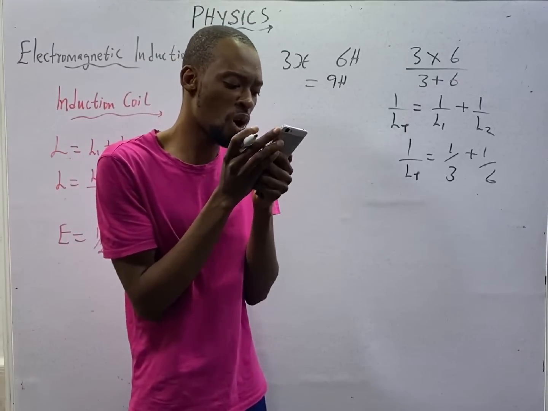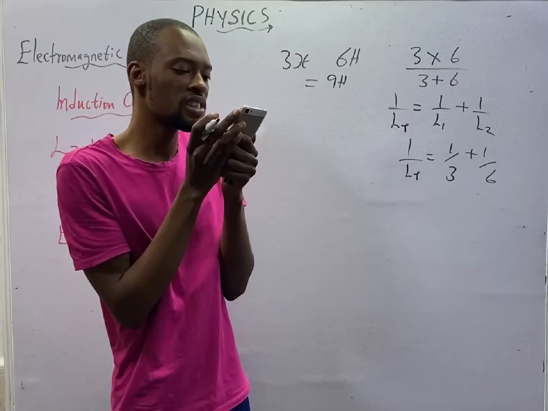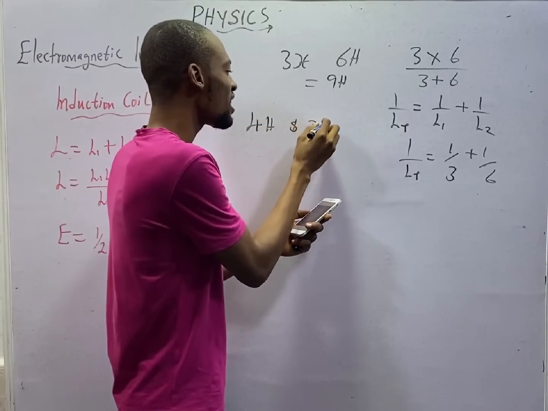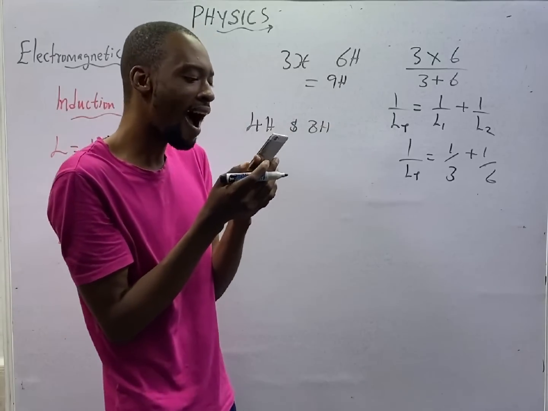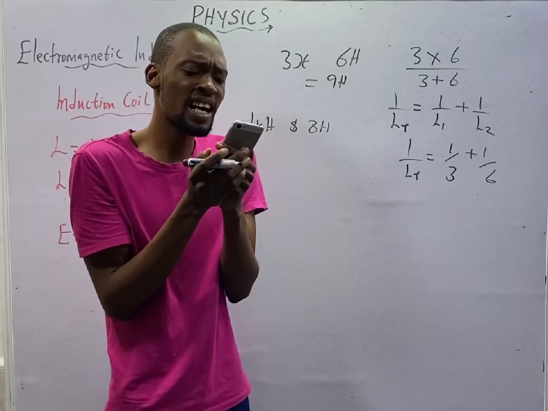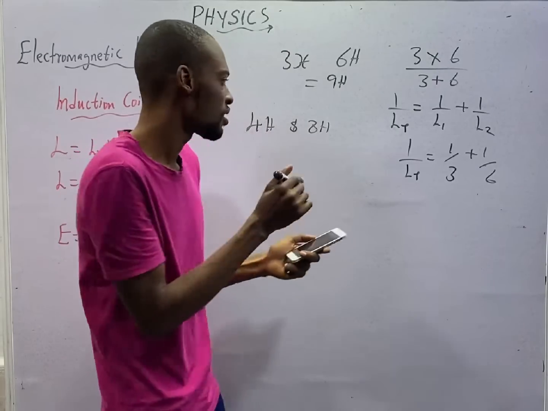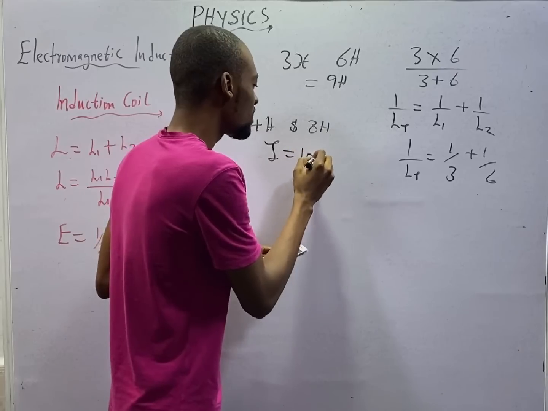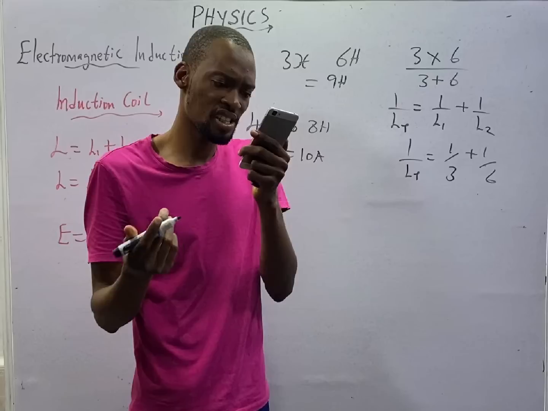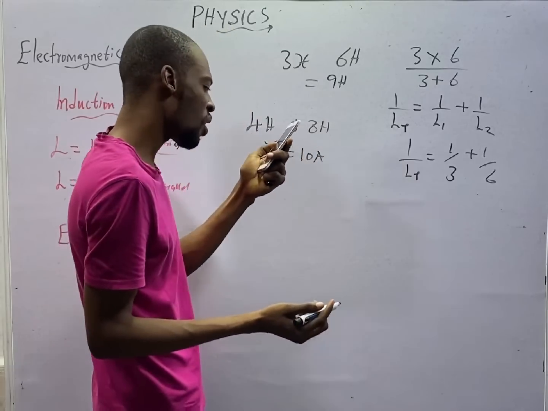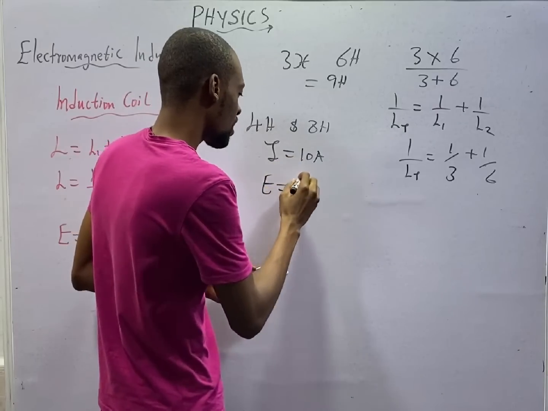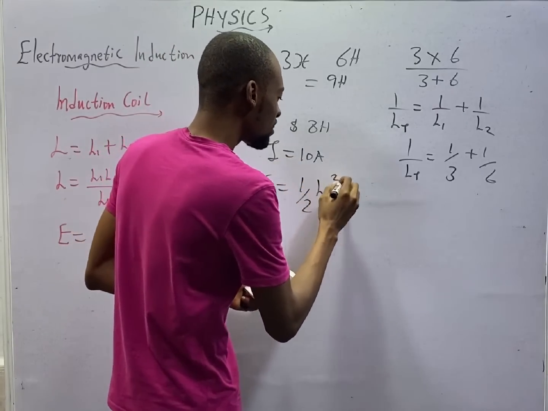Two inductors of inductance 4 Henry and 8 Henry are arranged in series, and a current of 10 amp is passed through them. I equals 10 amp. What is the energy stored in them? Energy stored in an inductor is half Li squared.